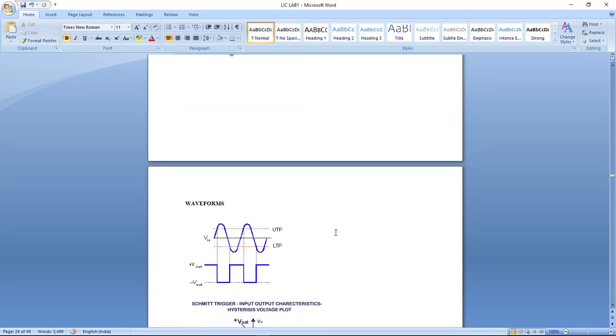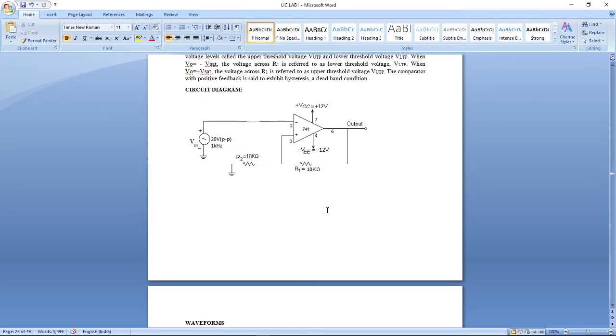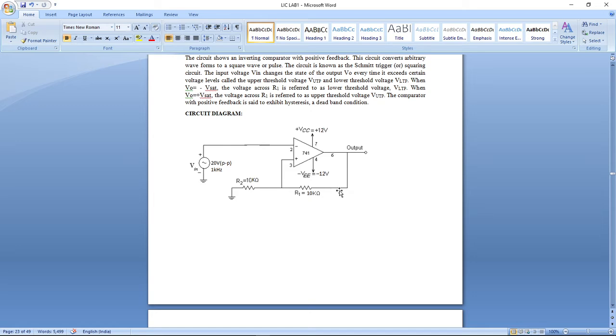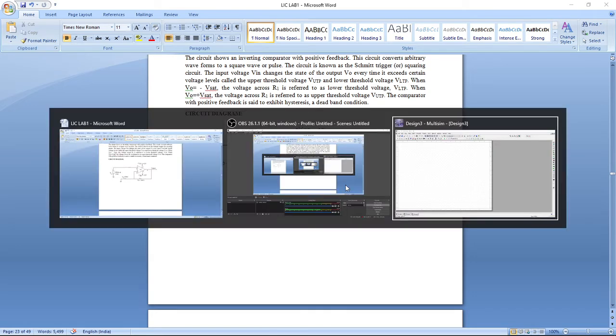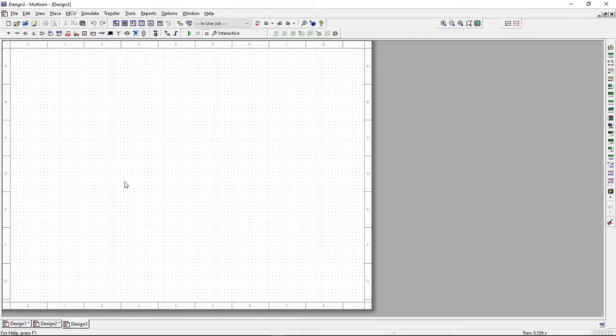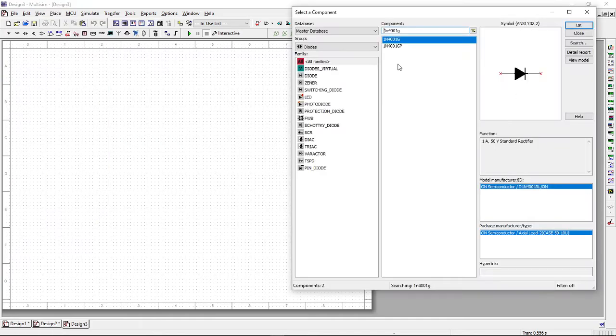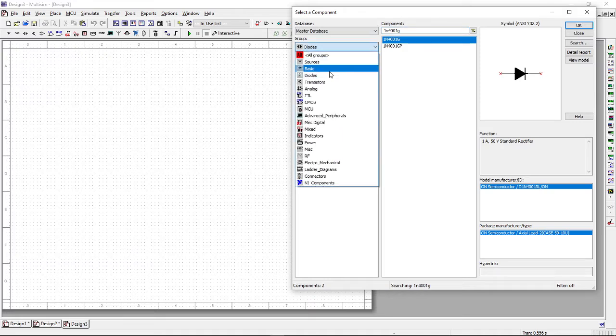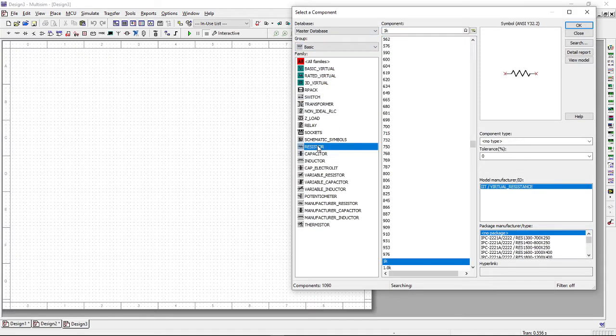Let us see the connections in Multisim software, run the circuit diagram, and see the output of this Schmitt trigger. Let us open the Multisim software. This is the workspace to connect the circuit diagram. Go to place component, select basic, and select resistor.